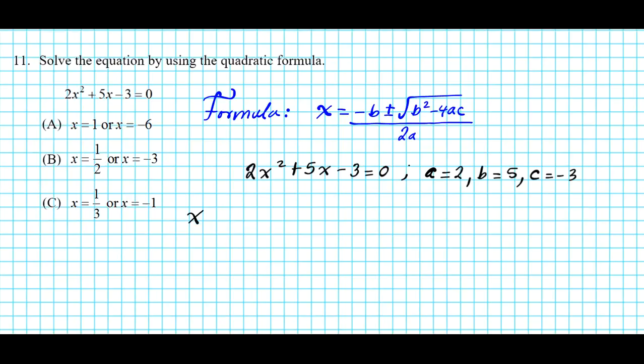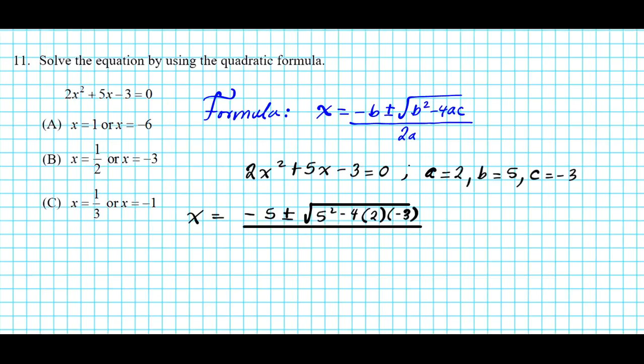That will yield x equals negative b, which is 5, plus or minus the square root of b squared, 5 squared, minus 4a is 2, and c is negative 3. 4ac divided by 2a.